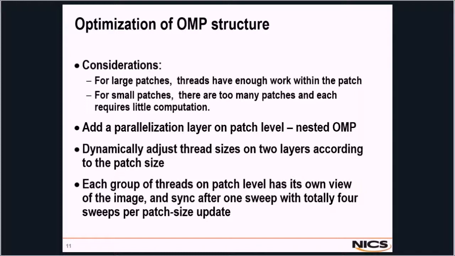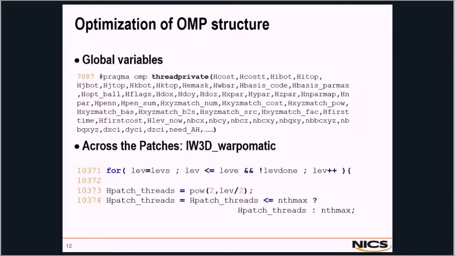For each group of threads within the same patch, they will have the same view of the image, and we synchronize them after one sweep of all the patches. And for the same patch, we do 4 sweeps to ensure the information flows across all the patches.